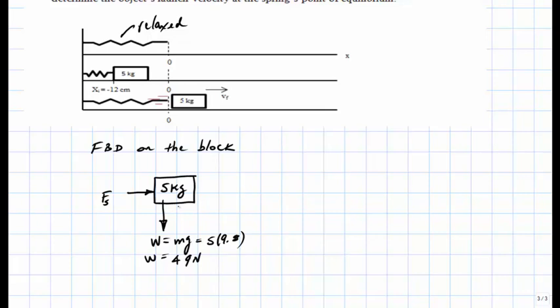And there's also a normal force directed upward, and because of this force that's exerted by the spring, the block will experience an acceleration toward the right. In order to determine this final velocity, we're going to apply the work energy theorem.